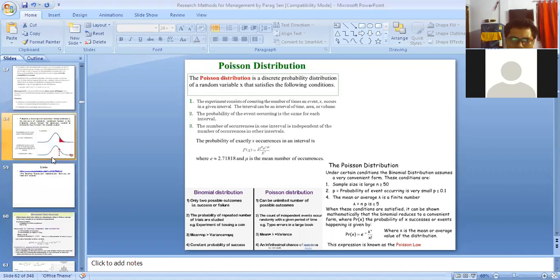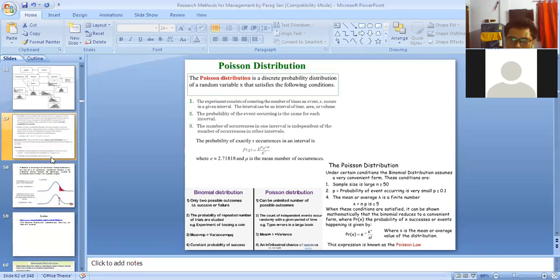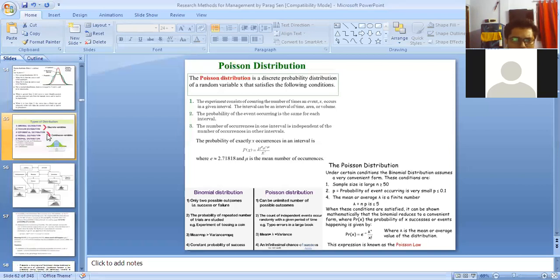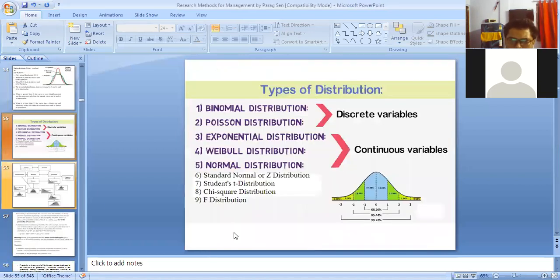You can get that kind of idea if you go through those slides. All the distributions are not very important, but some of the distributions which I have mentioned here are very popular, and going through these will suffice.